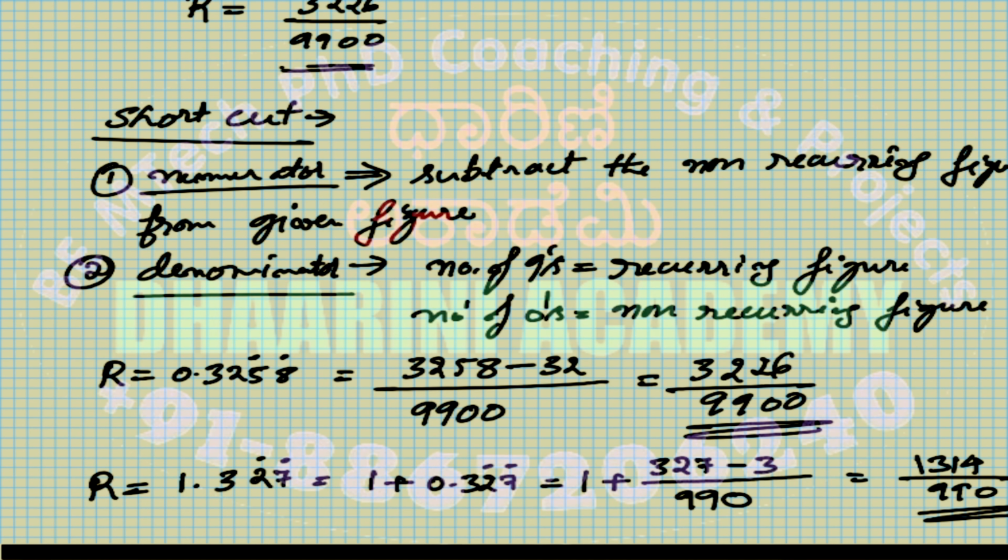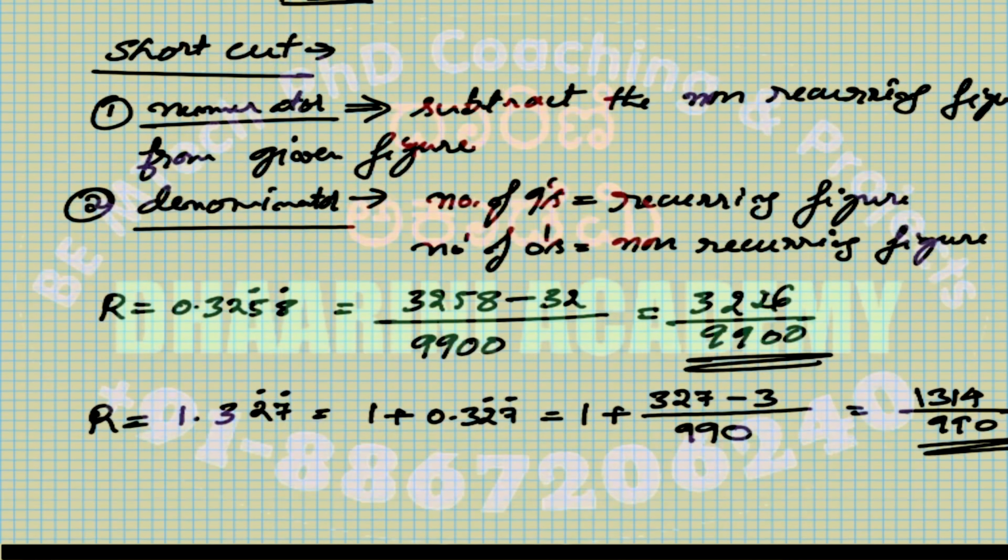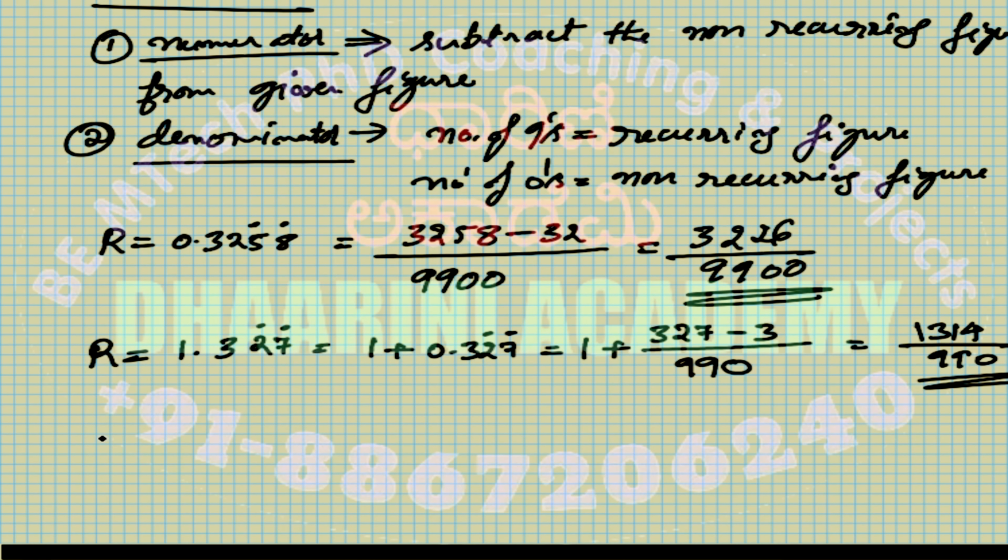Let's check the simplest one, where we know the answer. Say r is equal to 0.3 with a dot on it, so it means 0.33333. From the given figure, subtract the non-recurring. There is no non-recurring digit; the only digit is 3, which is recurring.